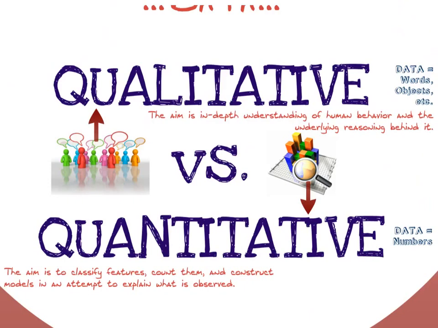Now there's qualitative and quantitative data. Most people understand the basic difference. Qualitative data is words, objects, pictures, etc. Quantitative data, numbers. So if you're more comfortable with or more interested in an in-depth understanding of human behavior and rationale behind certain behaviors, maybe qualitative research is where you may be more comfortable.